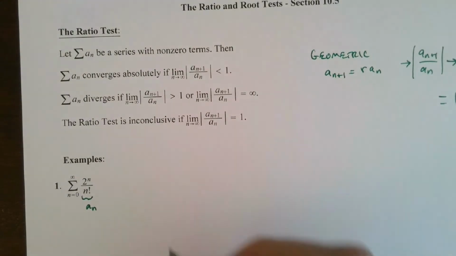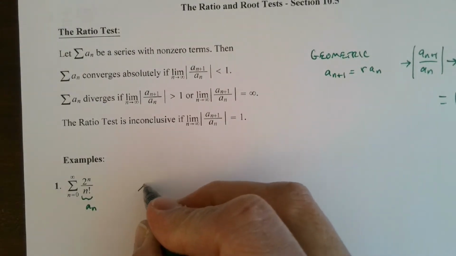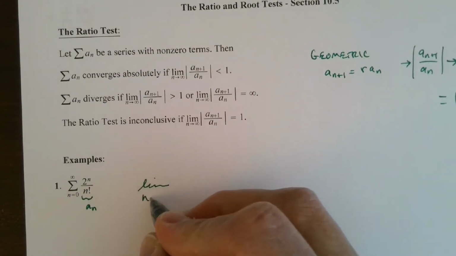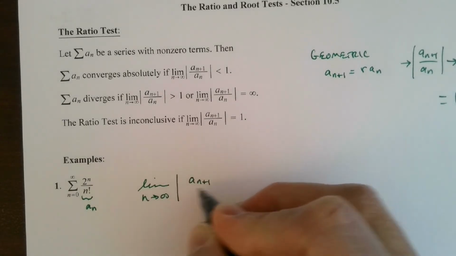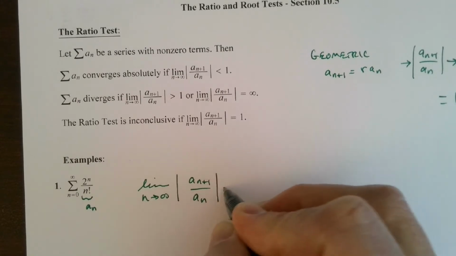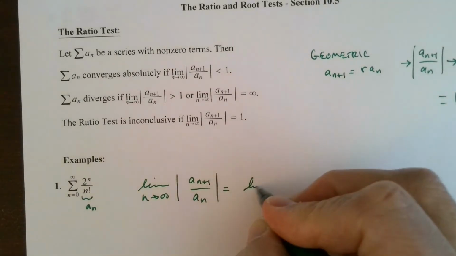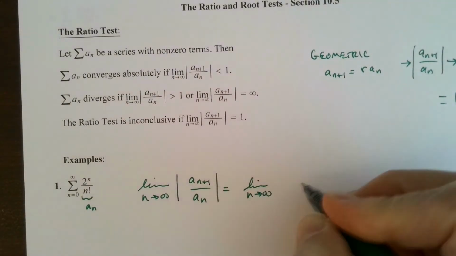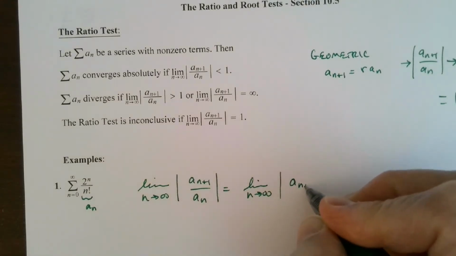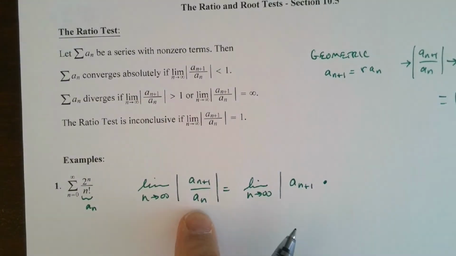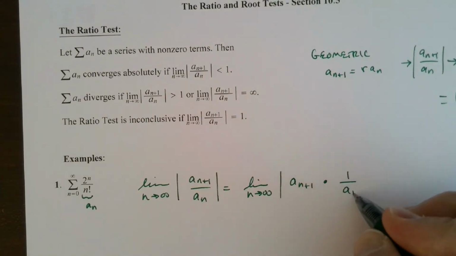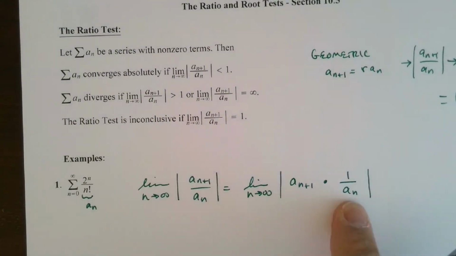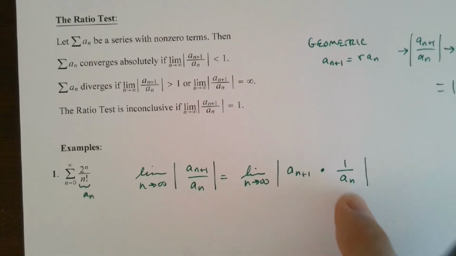It's important. So let's take a look at the limit as n goes to infinity of the absolute value of a sub n plus 1 over a sub n. Now, the way I usually like to write this, by the way, I'll do this one time, is a sub n plus 1 times, if I'm dividing by a sub n, that's the same as multiplying by the reciprocal of a sub n. So that's what I'm going to do here.